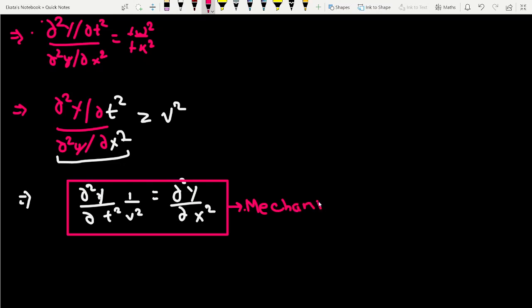This is a very clear-cut description of the wave. If any equation of y satisfies this equation, we say that y is a wave. This is our simple derivation of the general wave equation.